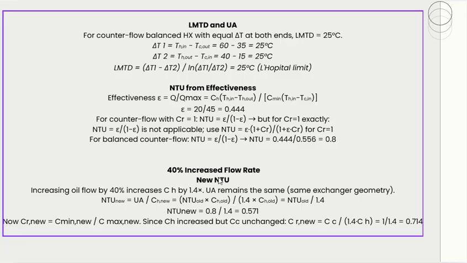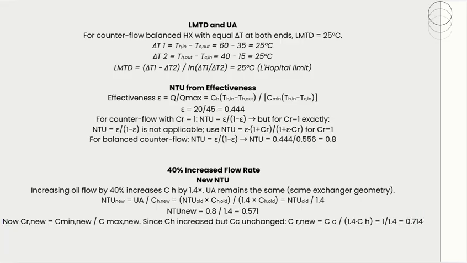So we get new NTU as 0.57. Also calculate the new capacity ratio. Since CH has increased but CC is same, the new capacity ratio will be 1 by 1.4, which is 0.714.